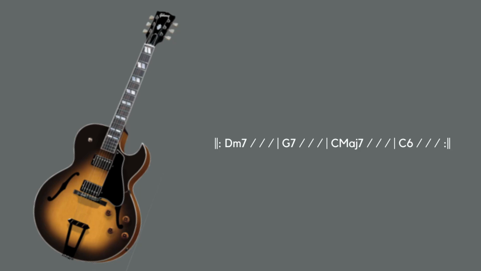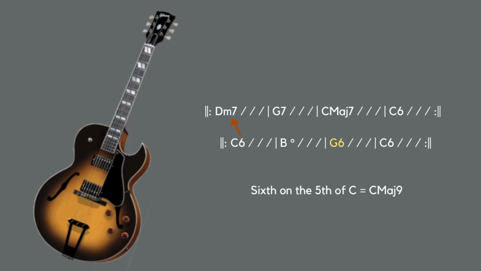What we're going to play, however, is C6 to substitute for the D minor 7, B diminished to substitute for the G7, and then we're going to play a G6th, which is a sixth on the fifth of C, and this will produce the effect of a C major 9, and then in the fourth bar we'll play a C6th.